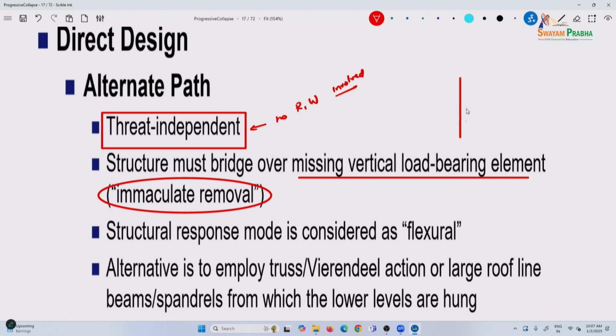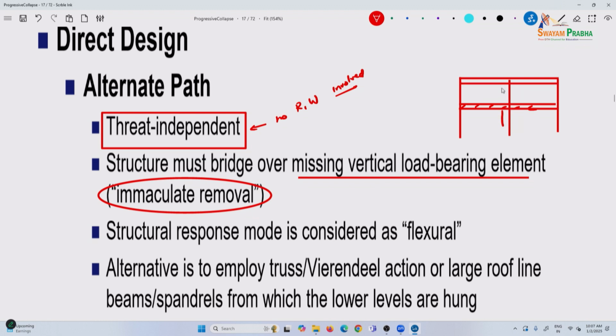What it means is, you have a building, and if this is your column, let me add the beam here.